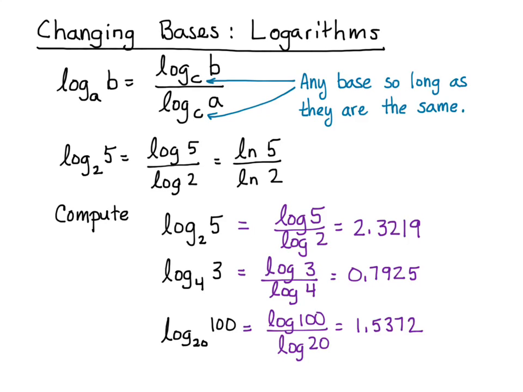Okay. Now, there is a way to change the base here, which is that you take this ratio and separate it out to something like this. So if we want to change, let's say, the log base 2 of 5 into the log base 10 of something, this is going to be the log base 10 of 5 over the log base 10 of 2.